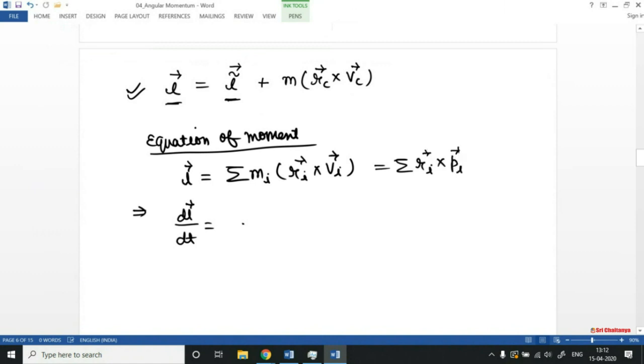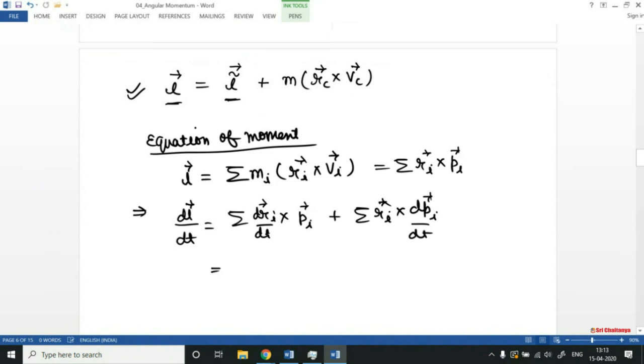So this will give us dri/dt cross pi over here, plus the other term, summation of ri cross dpi/dt.